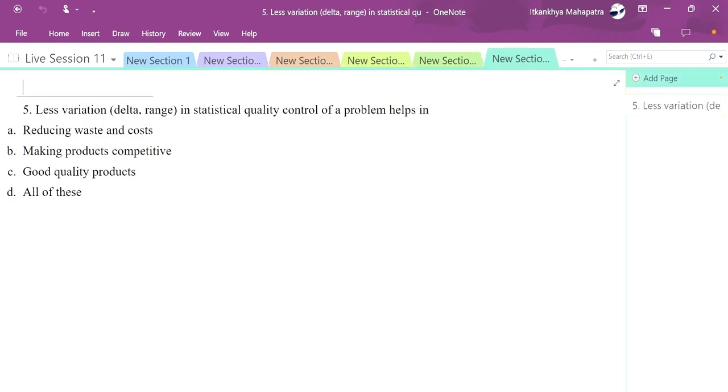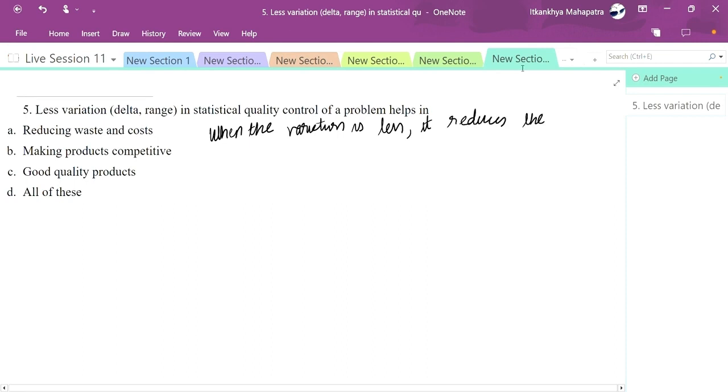Less variation, or range, in statistical quality control of a problem helps in which of the following? So, when the variation is less, it reduces the wastage. Further, it reduces the cost because we will be reducing the waste.